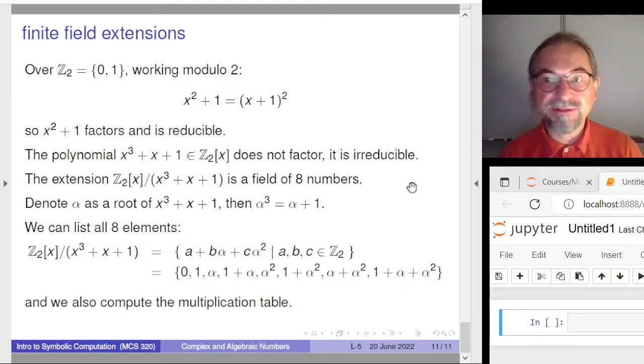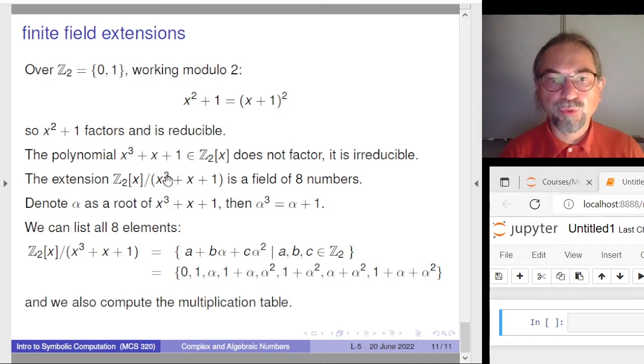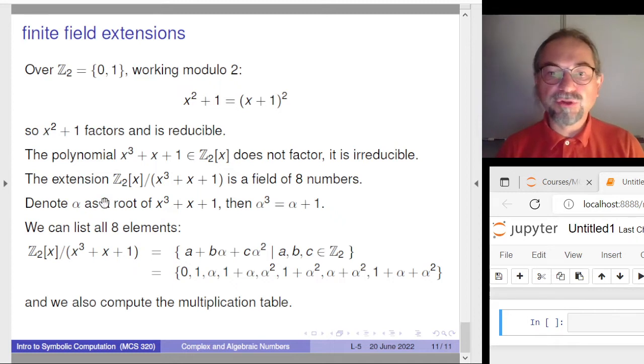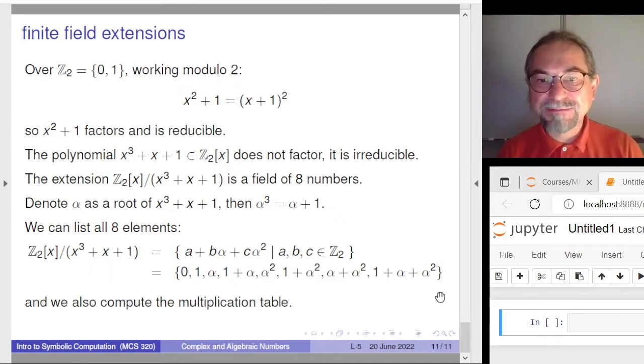Working with 0s and 1s has the advantage that we never have to write negatives. We never have to use the negative sign. You can compute the size of the field as 2 to the power 3: we have the degree of the irreducible polynomial, and we started with 2 numbers. You can also compute this very explicitly.